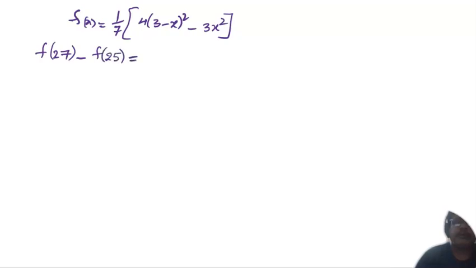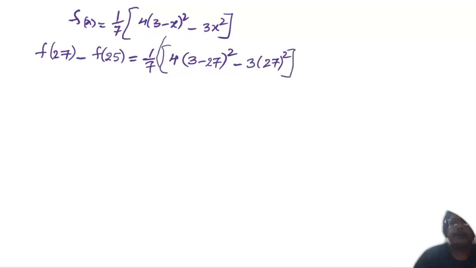Here I am substituting the values: 1 by 7 into 4 into 3 minus 27 whole square minus 3 into 27 whole square.